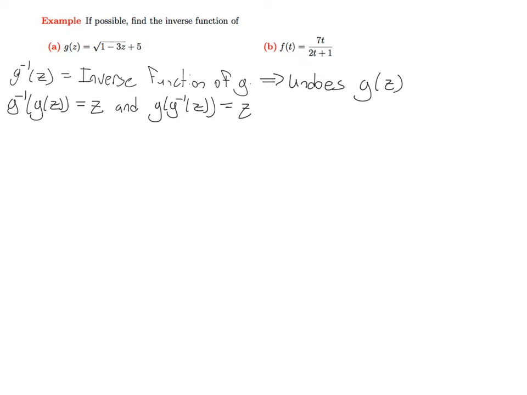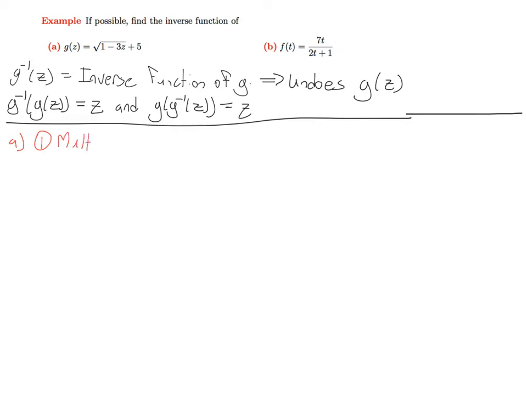So for here, let's take a look at the function g. And the function g has several operations in a certain order that we could write out. So for part A, what does the function g say to do? Well, the first thing we do is we take z and we multiply by minus 3.